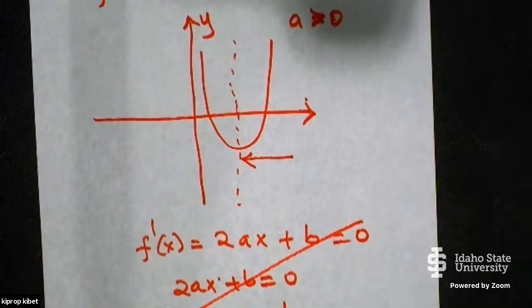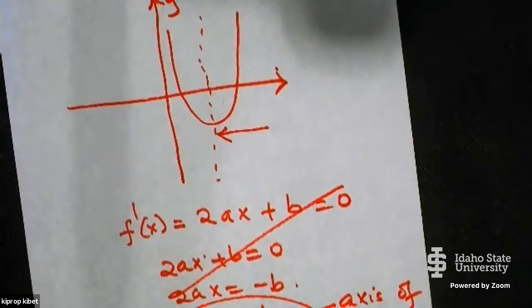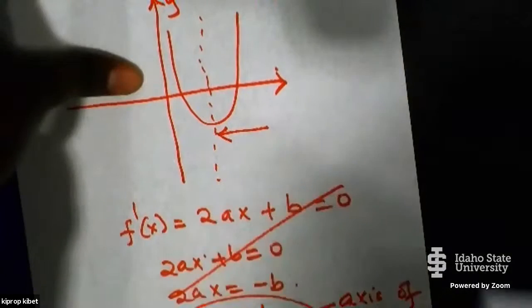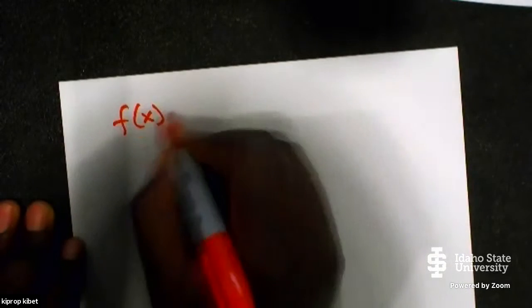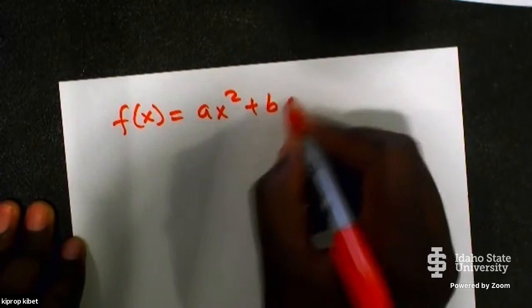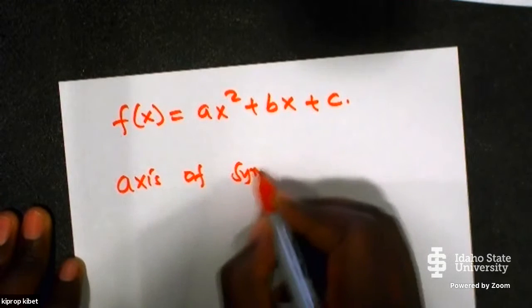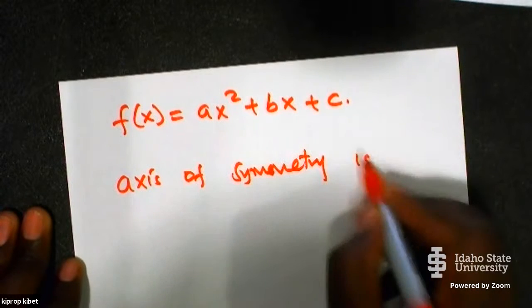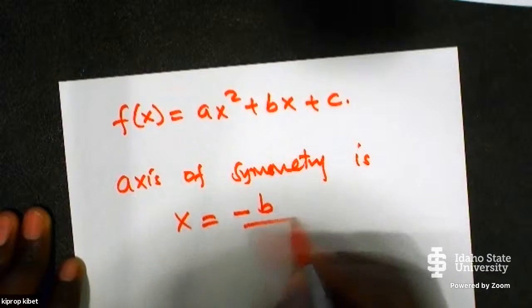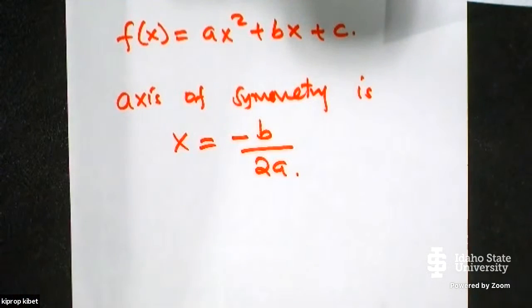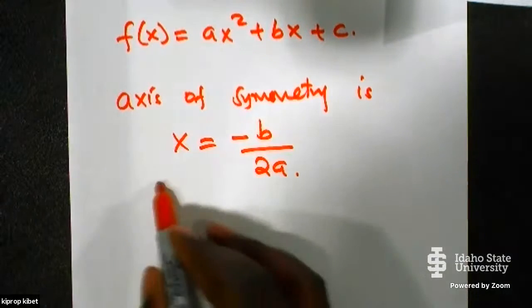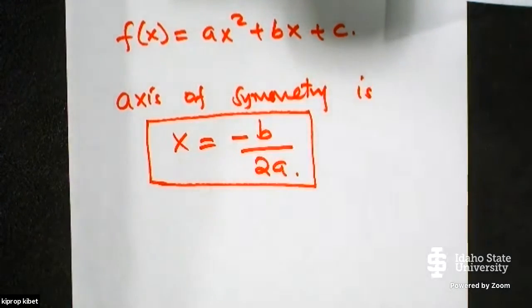So for the function f of x equals ax squared plus bx plus c, the axis of symmetry is x equals minus b all over 2a. Make sure you remember this.